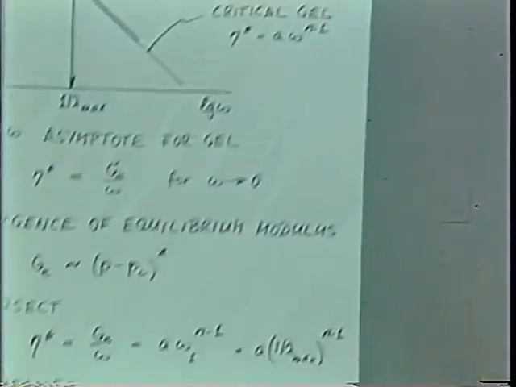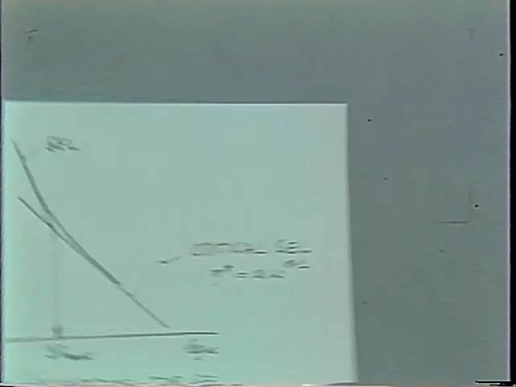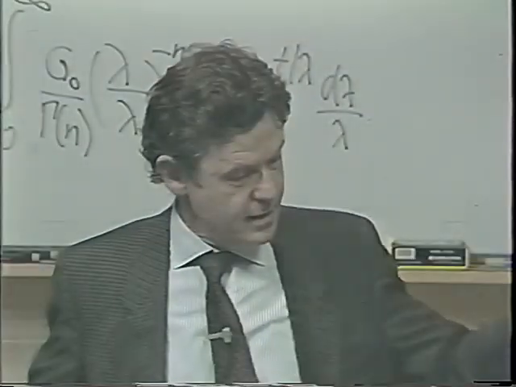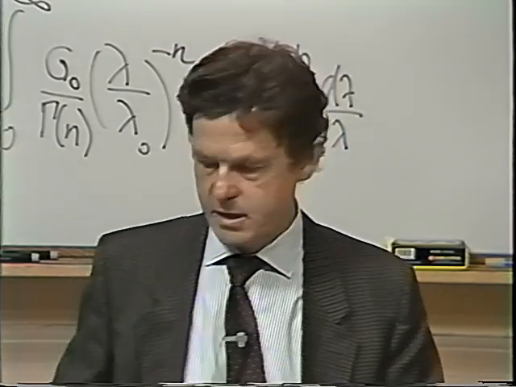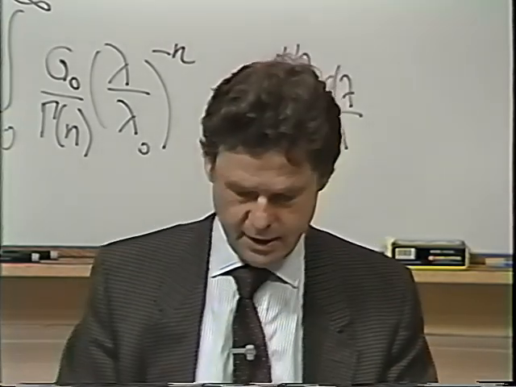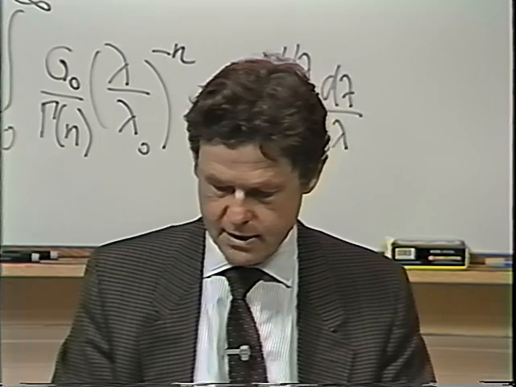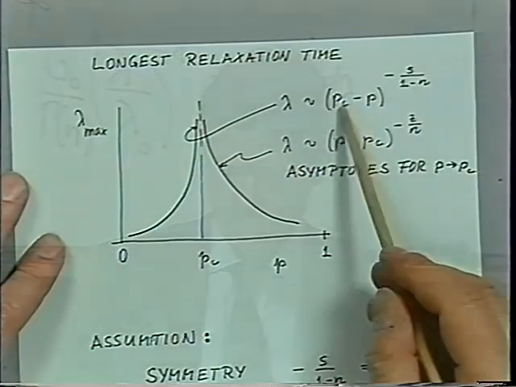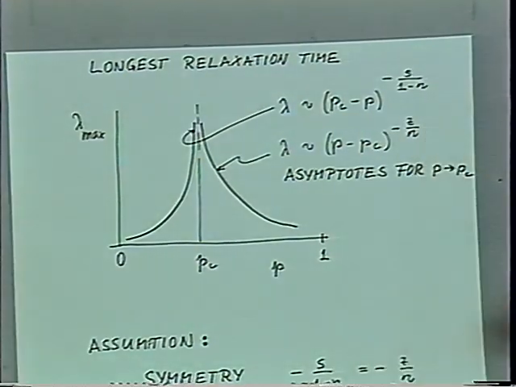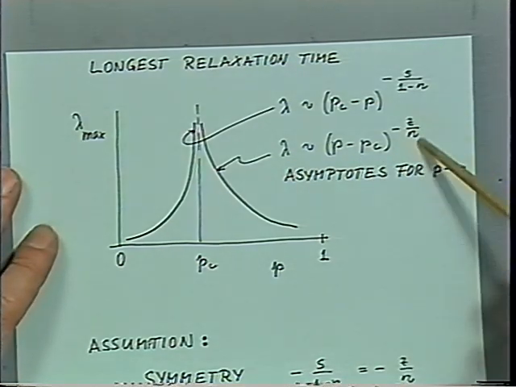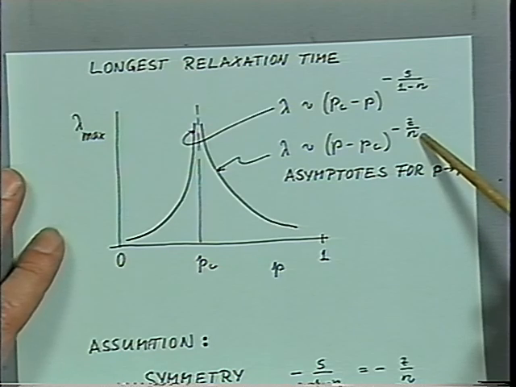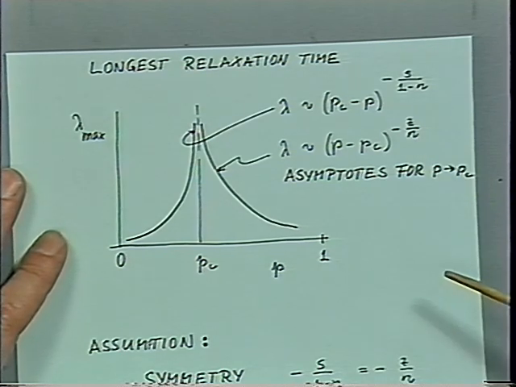So from these formulas, we derived a relation for the divergence of the relaxation time from both sides, in the sol and in the gel. In the sol, the relaxation time diverges here with this exponent. I'm just summing up what we did so far. And in the gel it is diverging with that exponent.